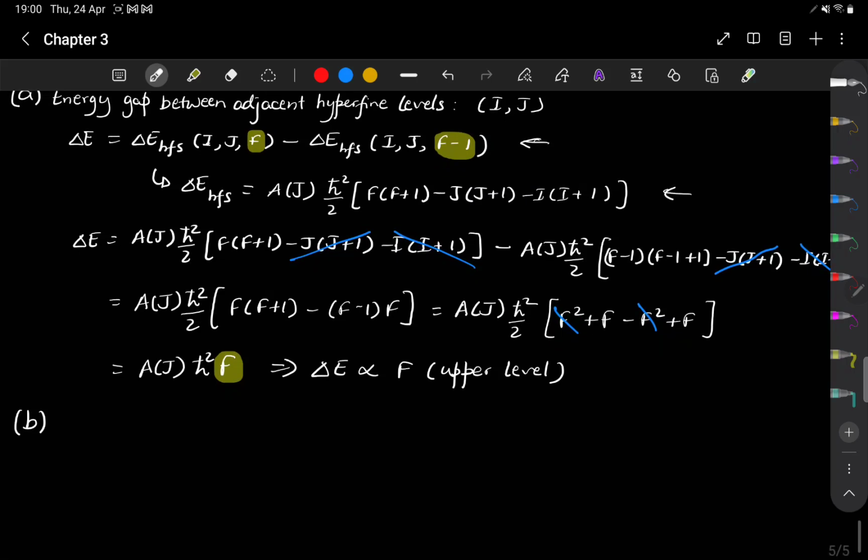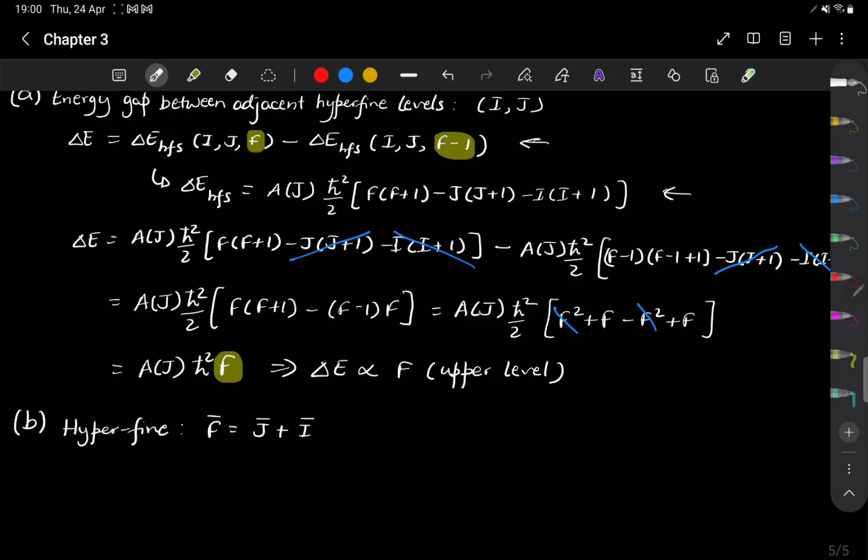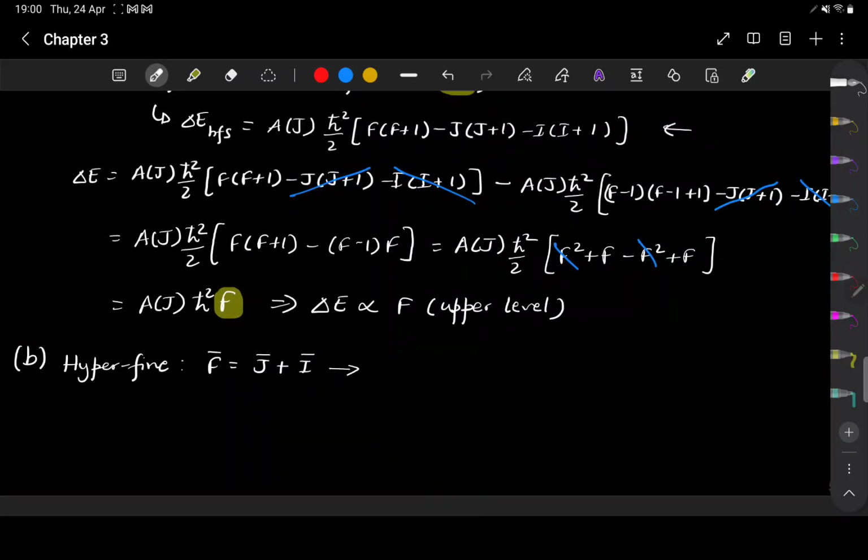So in this hyperfine, for hyperfine, we made use of F is J plus I. So this gave us that the energy for the hyperfine splitting, hyperfine structure, was proportional to, apart from the constants, so that's why I'm writing proportional to.